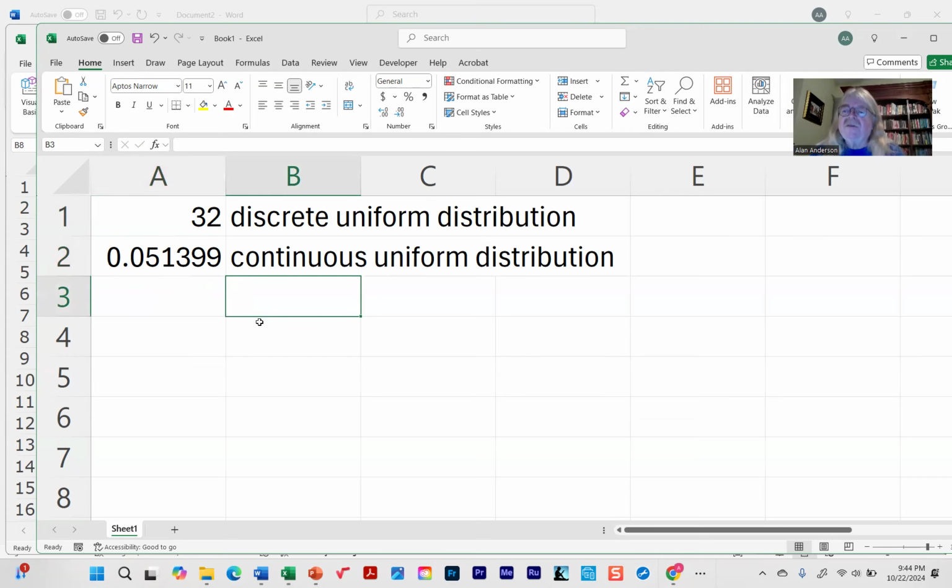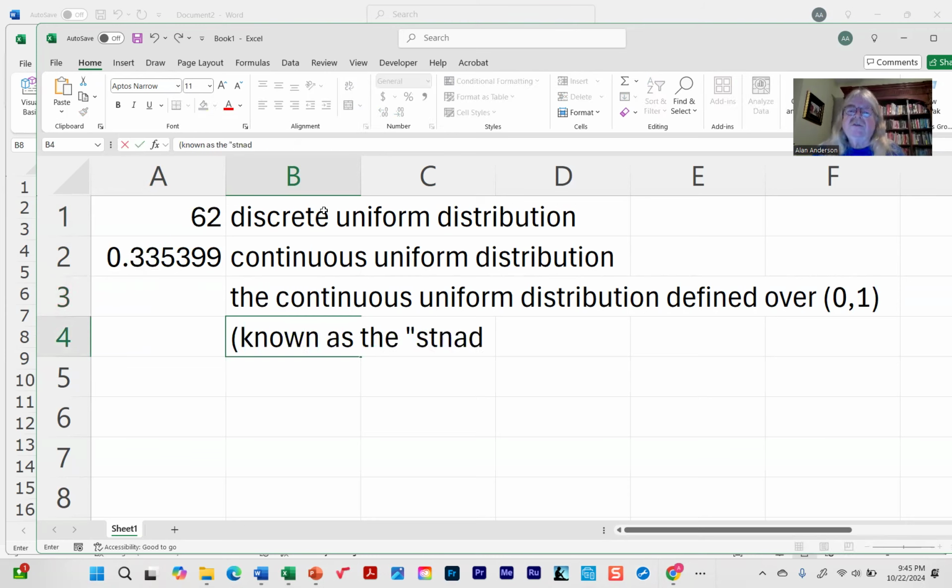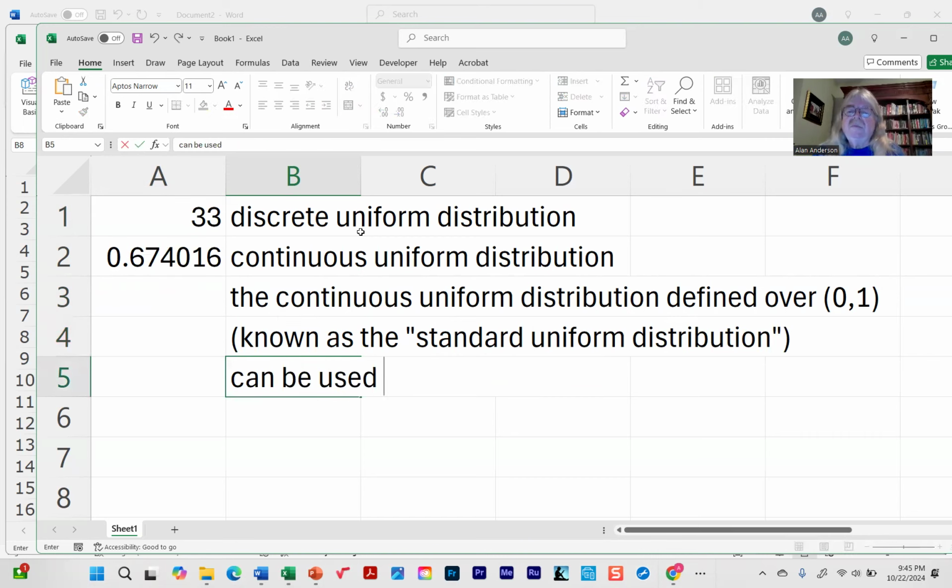It turns out, and we're going to see how this is done, that the continuous uniform distribution defined over the interval 0, 1, which is known as the standard uniform distribution, can actually be used to simulate from any probability distribution.